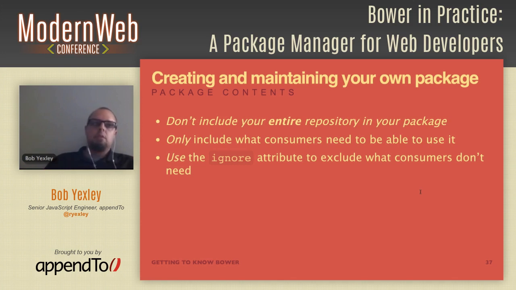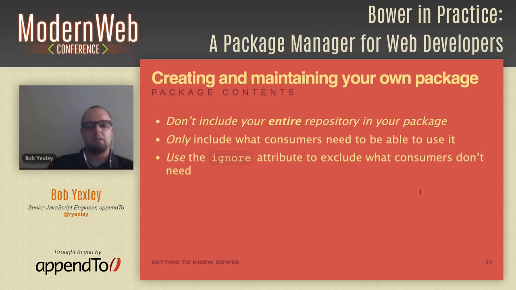But it's really, really important because as a consumer of a package, you don't want it to pull down the entire Git repository for your package. Most users aren't going to want things like unit tests and the libraries that you have included. It's going to download those dependencies anyway. You don't want it to download that extra junk.